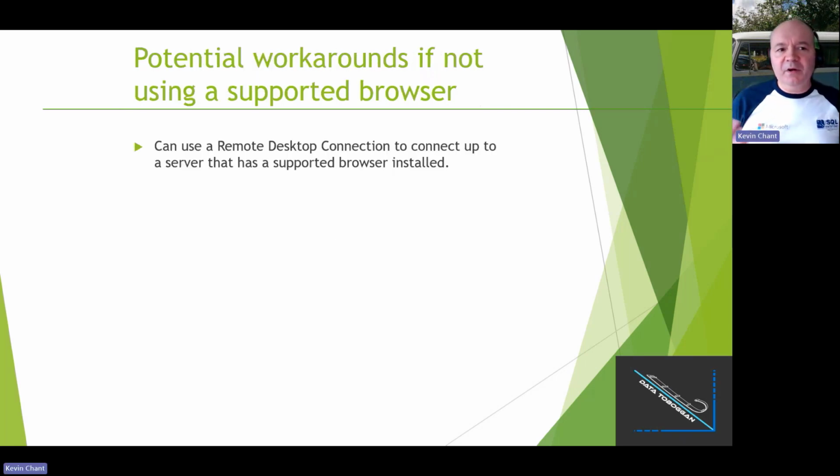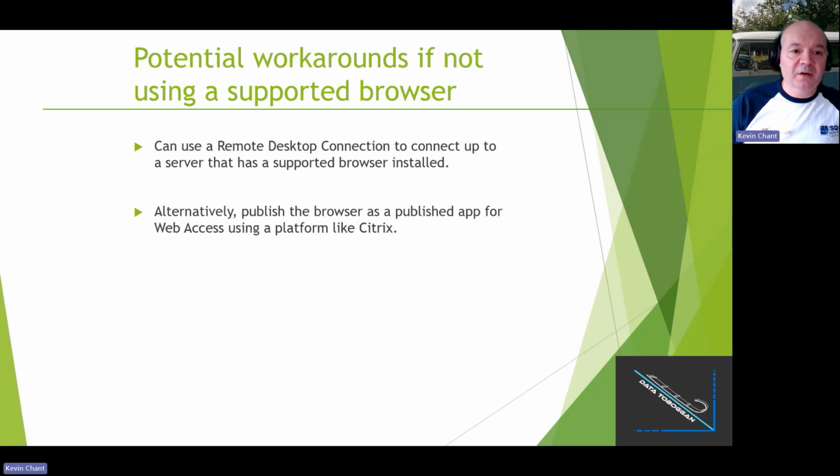Now, there are some potential workarounds if you're not using a supported browser. You can use a remote desktop connection, so you can connect to a server that has a supported browser installed instead. Alternatively, you can make the browser a published app for web access on a platform like Citrix, for example.